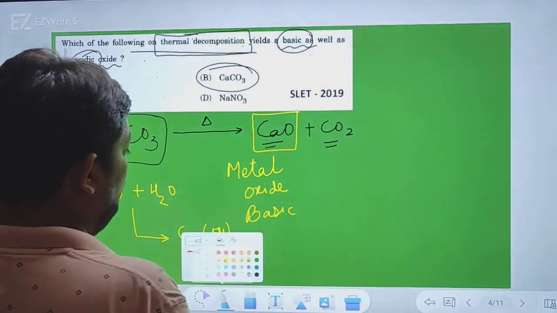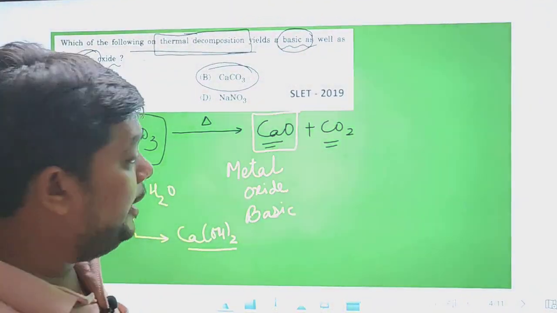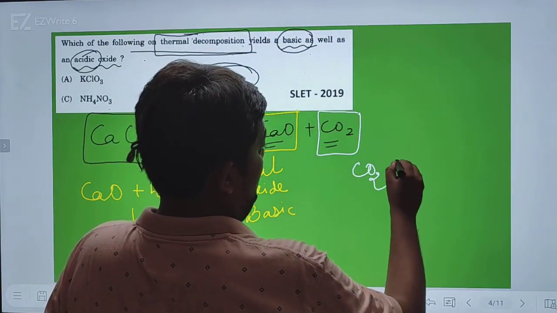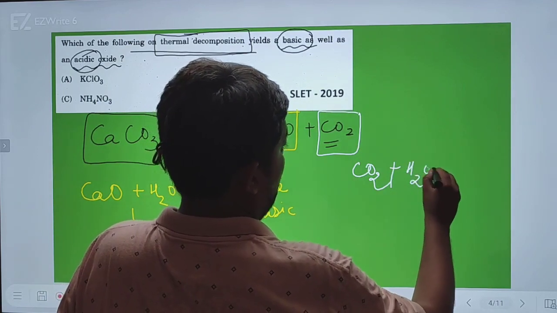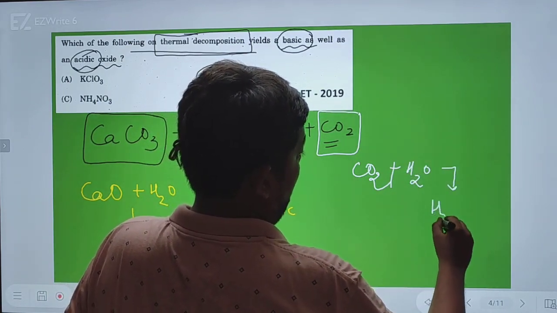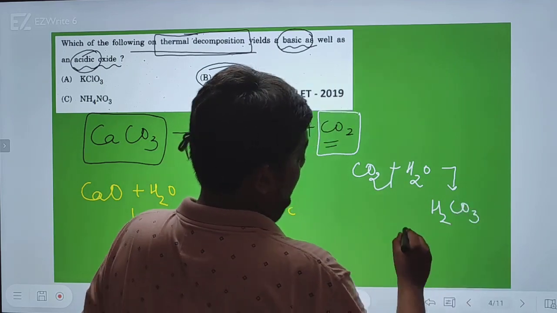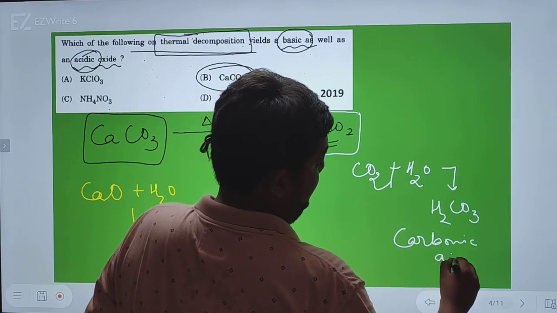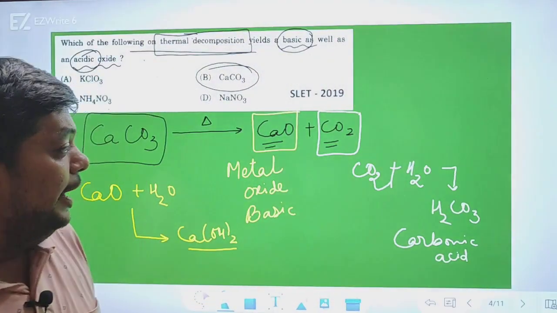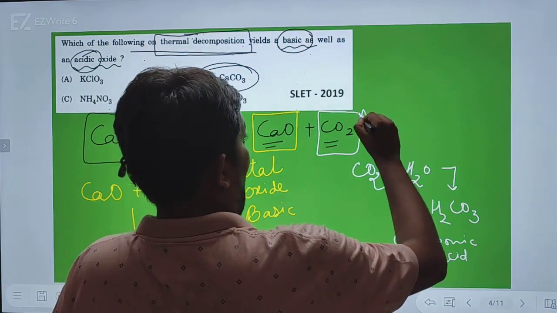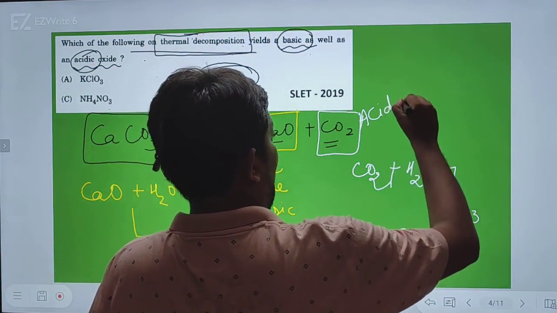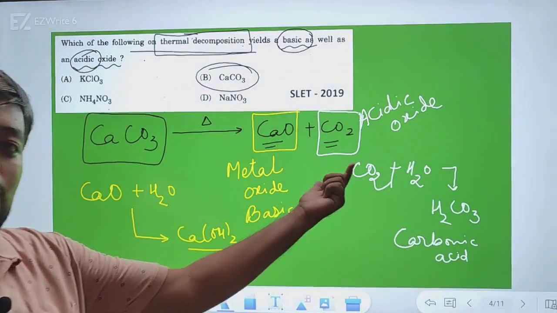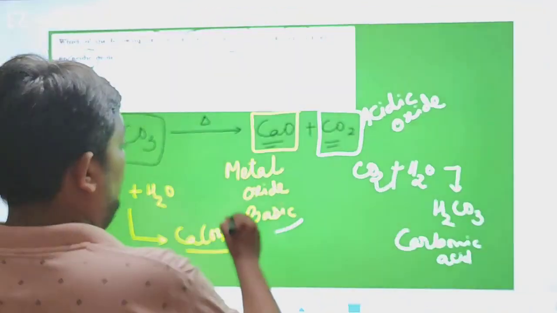Talking of CO2, that is carbon dioxide, it is very well known that carbon dioxide on combining with H2O results in the formation of H2CO3, carbonic acid, again an acidic product, and therefore this is an acidic oxide. So the question has a very perfect answer to be addressed from our side, that CO2 is an acidic oxide and CaO is a basic oxide.